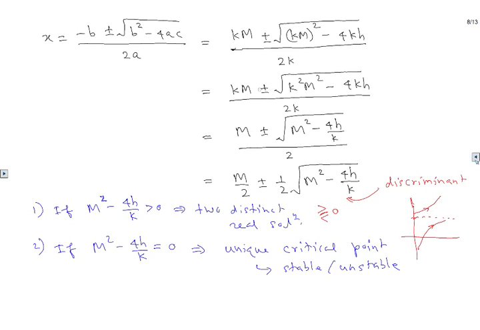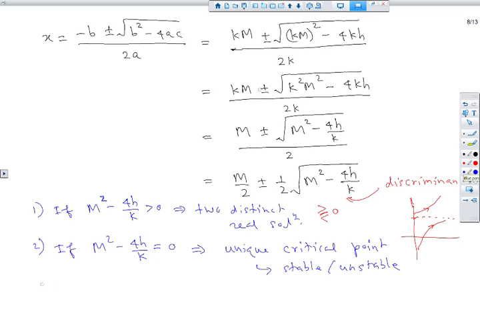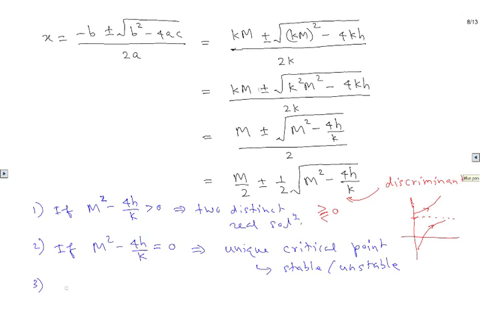The third case, the last case, is if m squared minus 4h over k is negative. If this is negative, what's going to happen? You have no real critical points. Since there are no critical points, there is no way it can converge.